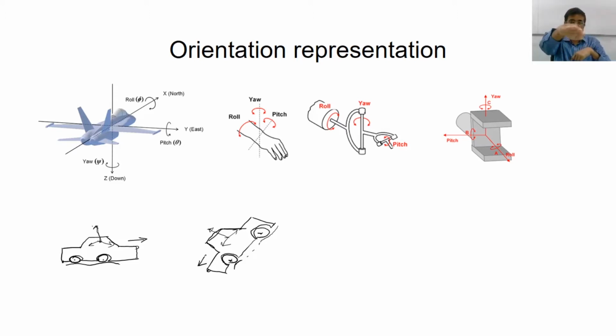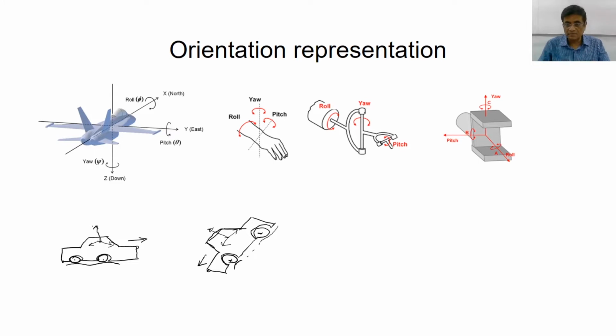This is known as roll. So yaw, pitch, and roll. These 3 orthogonal axes are assumed to be assigned on the wrist, so that we can describe the orientation of the wrist.